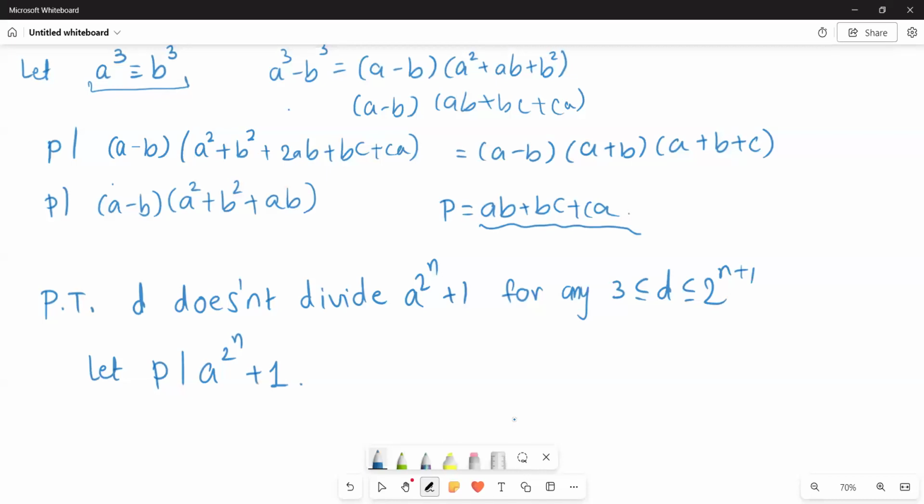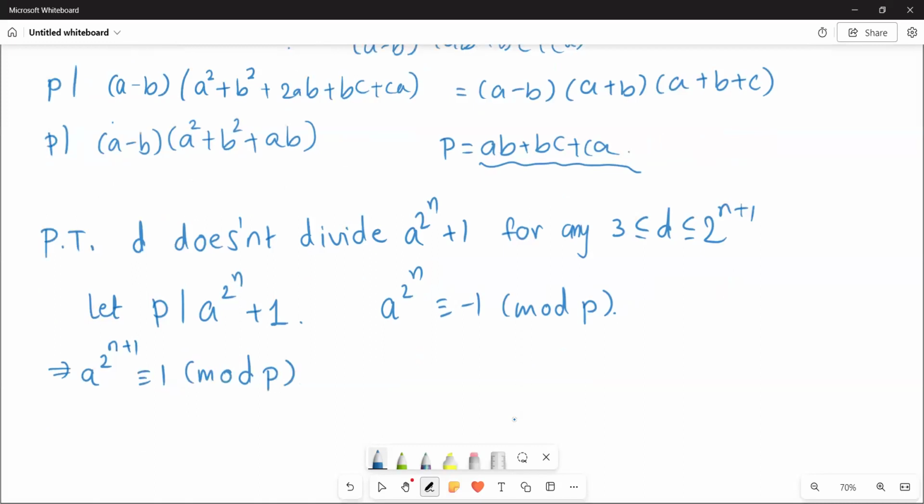So A to the power 2 to the power n should be minus 1 mod P. And if we square both sides, A to the power 2 to the power n plus 1 should be 1 mod P. And the order should divide 2 to the power n plus 1, but not 2 to the power n.